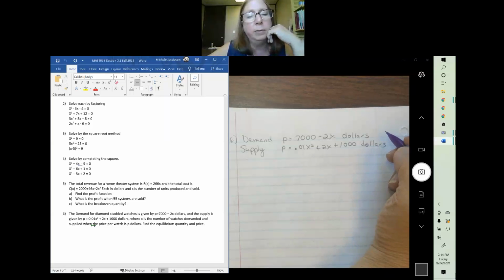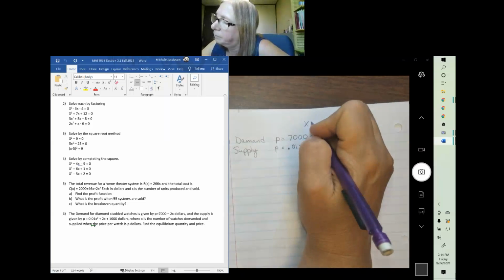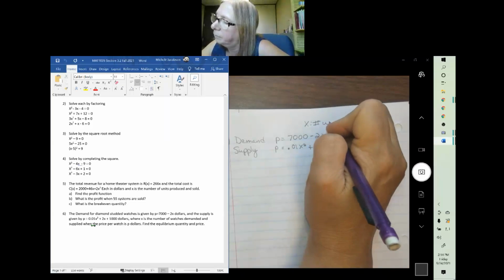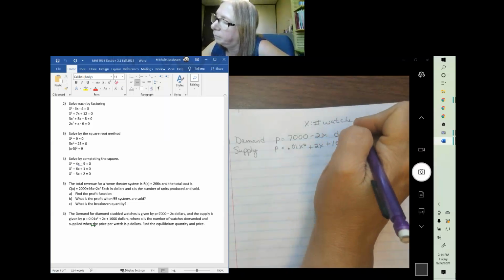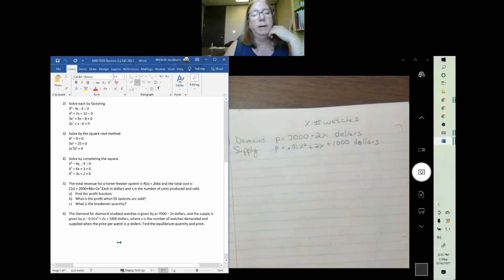Where x is the number of watches demanded and supplied. So x is the diamond watches. Find the equilibrium quantity and price.